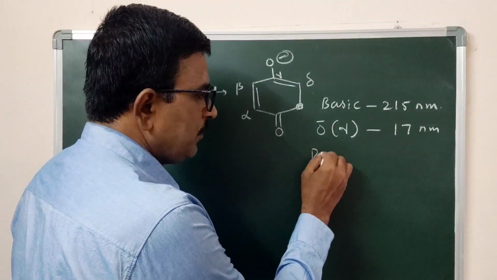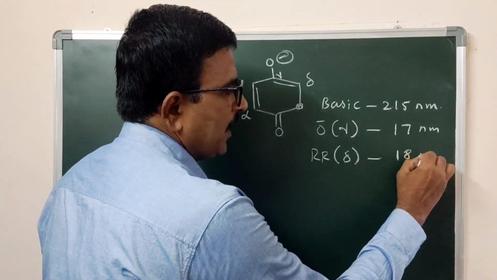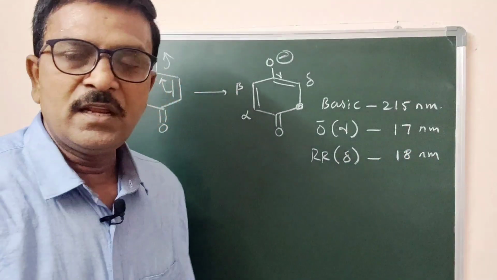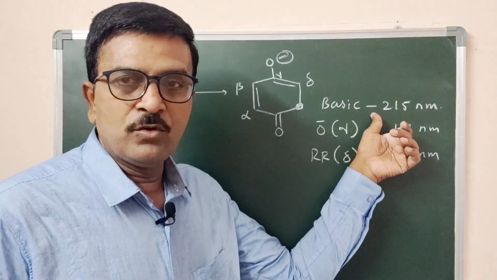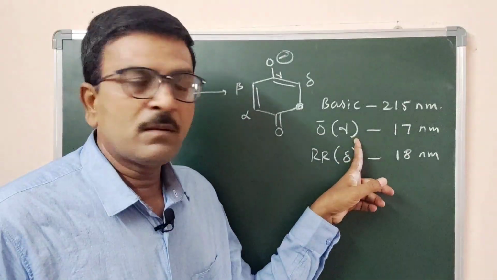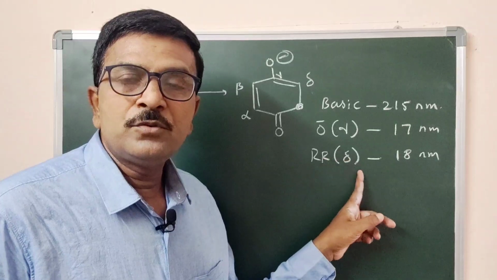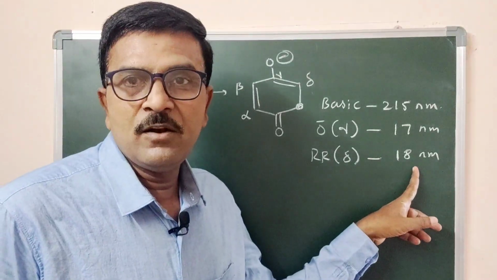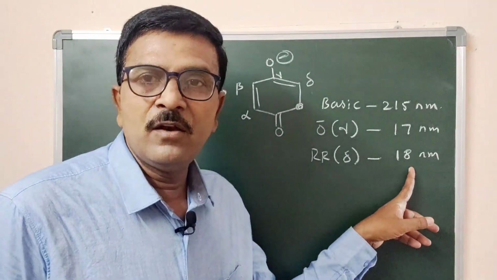A ring residue attached to delta carbon contributed 18 nanometer. Is it clear? You can see basic value is 215 nanometer. Oxy ion effect attached to gamma carbon is 17 nanometer. Ring residue attached to delta carbon atom, it is 18 nanometer. Either gamma or delta, it is equal, that is 18 nanometer.